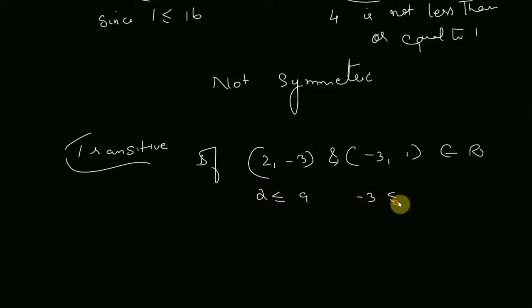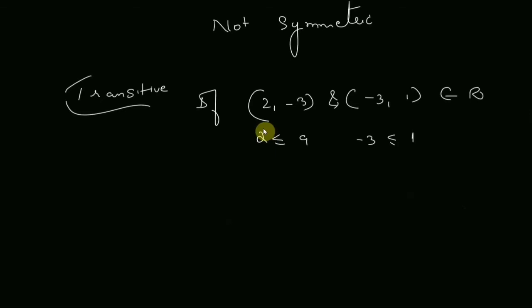Now 2, -3 belongs to R because 2 is less than or equal to 9, when you square the second number. Similarly, (-3, 1) belongs to R because -3 is less than or equal to 1.